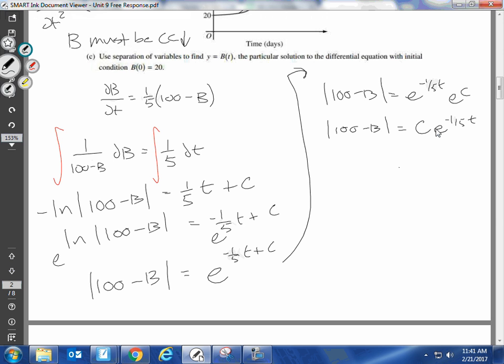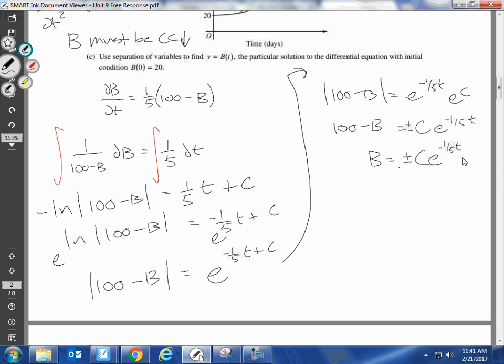I'll just go ahead and do the plus or minus now. Subtract 100, multiply both sides by -1. Still gets baked into the plus or minus c.